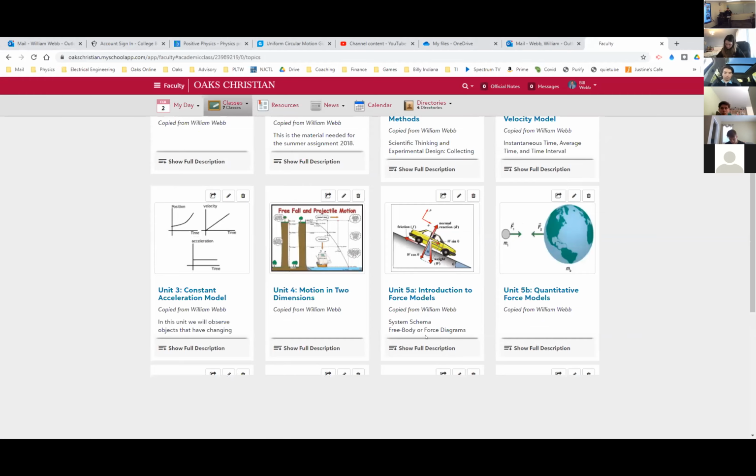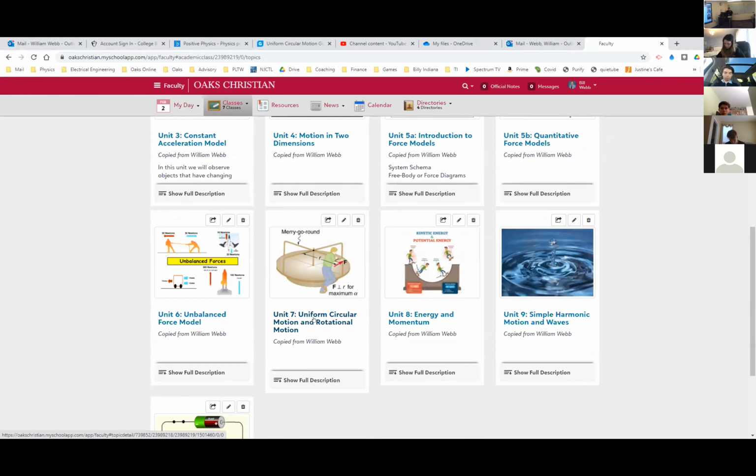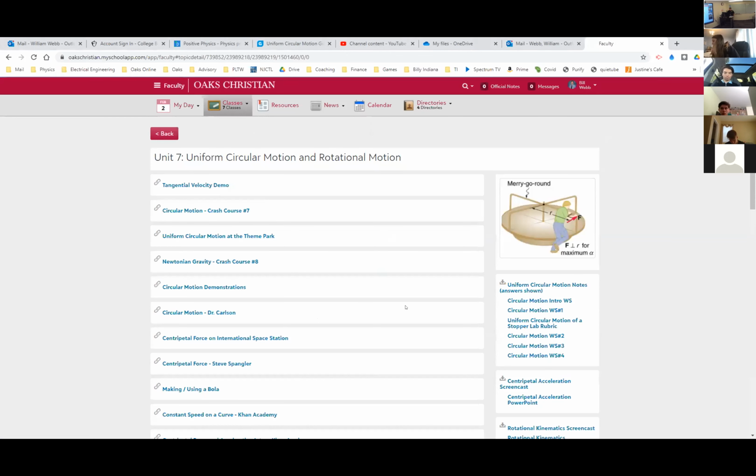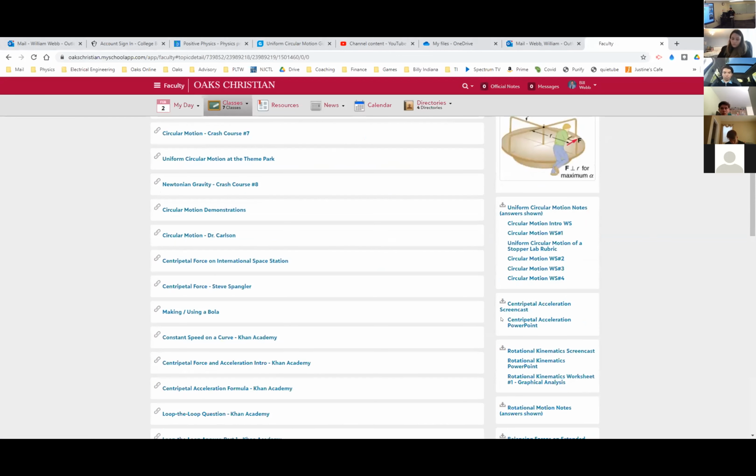We are now on Unit 7, Uniform Circular Motion and Rotational Motion. And over here on the right, underneath the picture of the merry-go-round, you can see Uniform Circular Motion notes. Now, those are from last year, so some of the slides might be slightly edited or moved around, but basically it's what we covered today and a bunch more stuff we'll be covering in future days. Right underneath the notes is the motion intro worksheet. That is what the assignment is. And then right underneath that is worksheet 1.